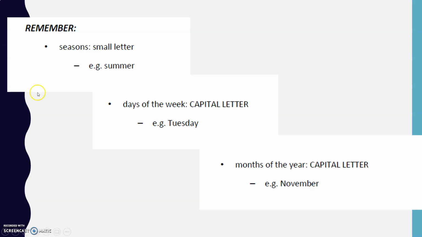And actually, that's here again. You use a small letter for seasons, but months of the year, capital letter, and also, but we already saw that, that's a recapitulation, capital letter for days of the week, for instance, Tuesday, Monday, whatever of the 7 days.